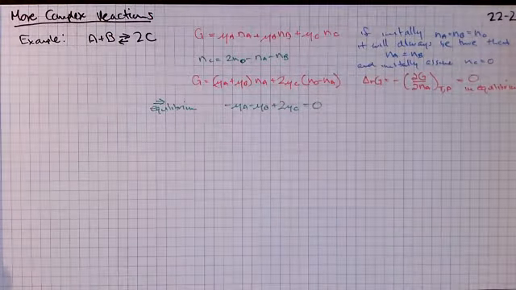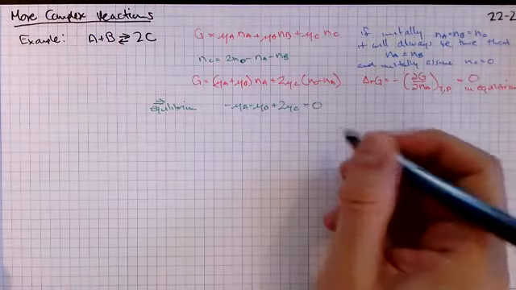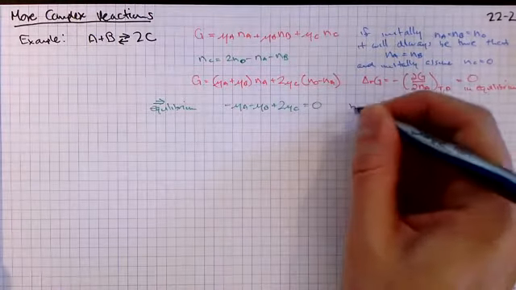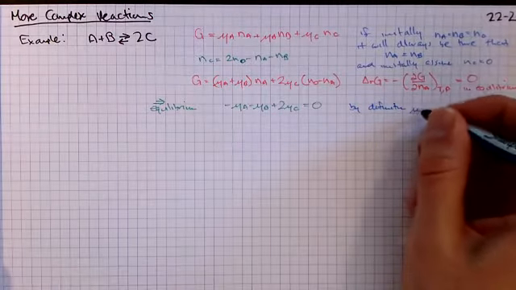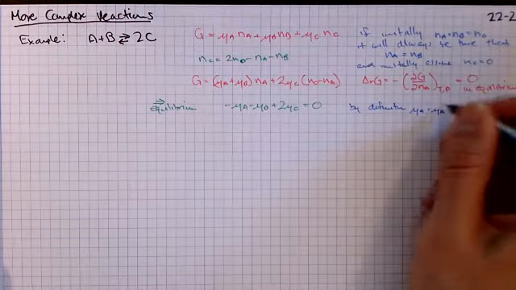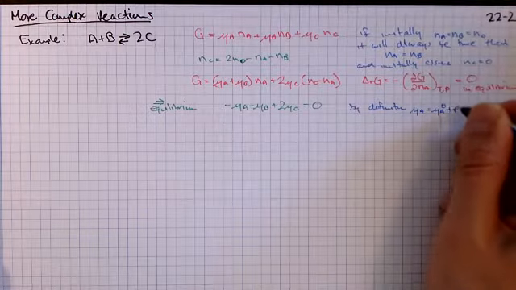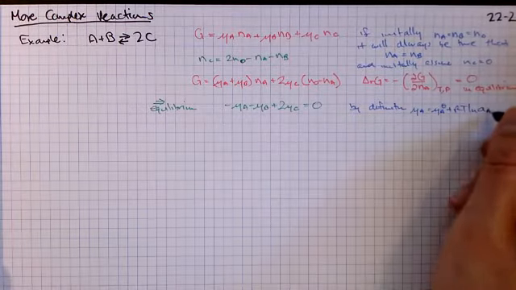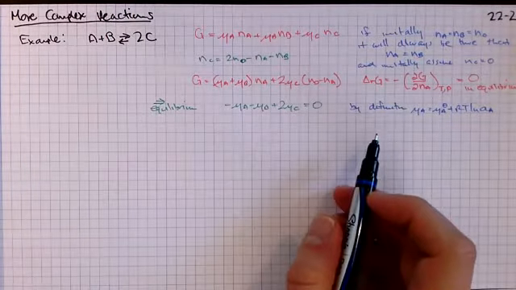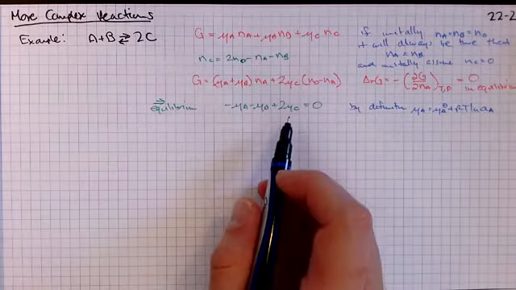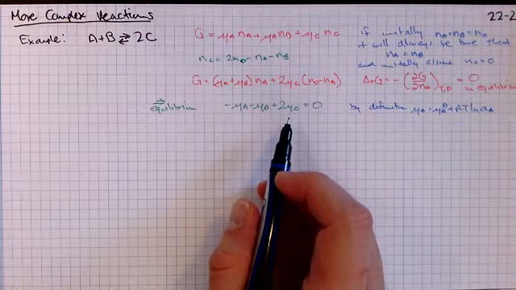And then we also know that by definition of the activity, mu A is equal to mu A theta plus RT natural log of the activity of A. And so we can write down this relationship between the chemical potentials in equilibrium in terms of the activities.